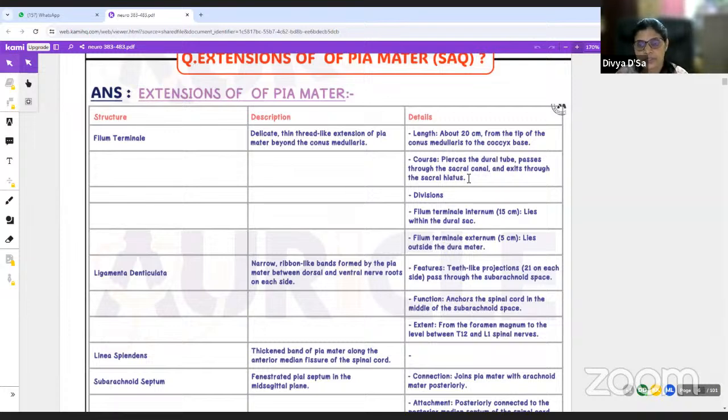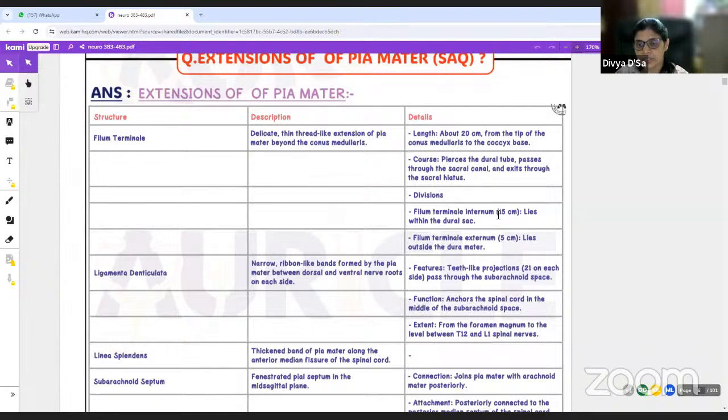It has two divisions: the filum terminale internum and the filum terminale externum.